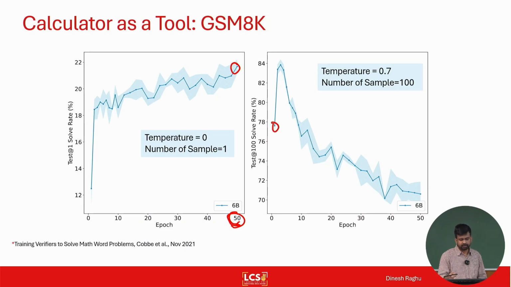Which is good. But then what they noticed is that, unlike the overall greedy decoding accuracy, the percentage of cases where the answer was in one of those hundred kept first increasing a bit and then started to decline rapidly, right?